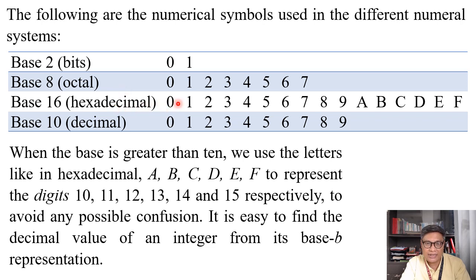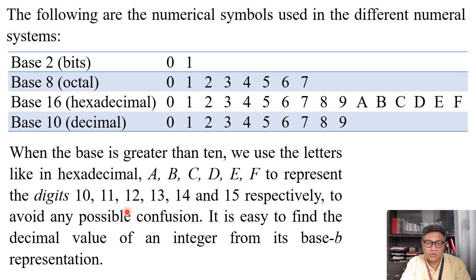Base 16 uses 0 to 9 and also the letters A to F. For base 10, we have 0 to 9 and its combinations, which we are familiar with. When the base is greater than 10, like hexadecimal, we use the letters A to F, but we represent them by the digits 10, 11, 12, 13, 14, and 15 when we convert. Once we are done converting, we go back to the corresponding letters.